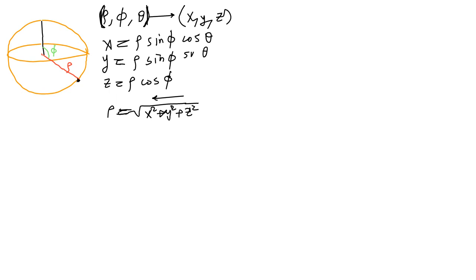What about theta? It is the angle in the xy plane. So if you project this point into the xy plane, of course, you will form an angle. This angle is theta. Of course, as we said, phi is between 0 and pi. From 0 to pi over 2, we're talking about the upper hemisphere.